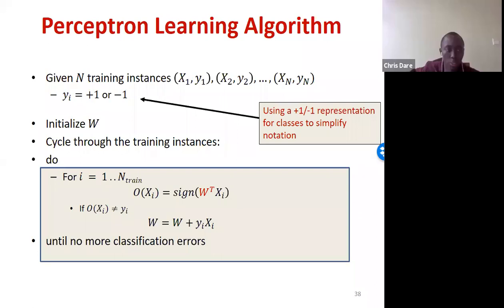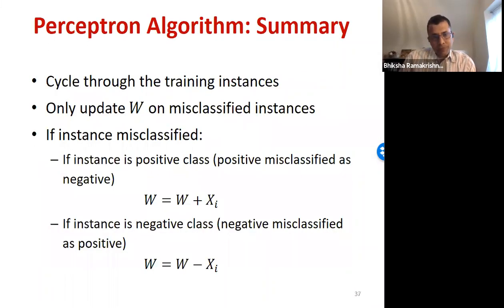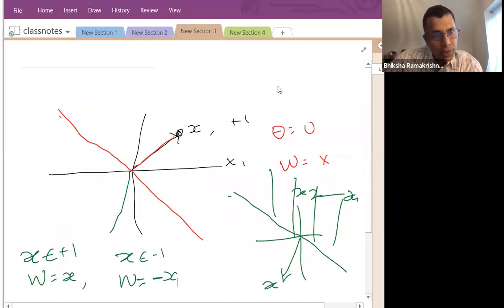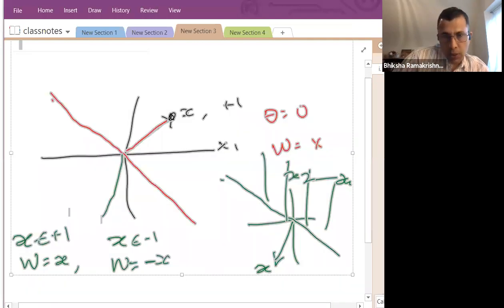Please repeat that. Okay, let me try to do this with the figure again. Let me draw a new figure.